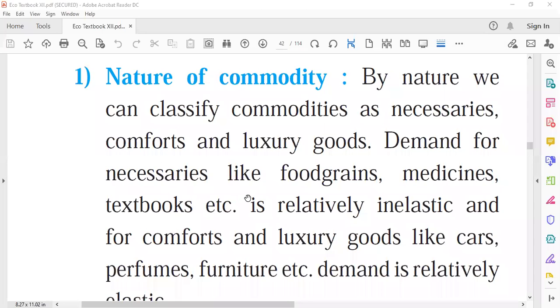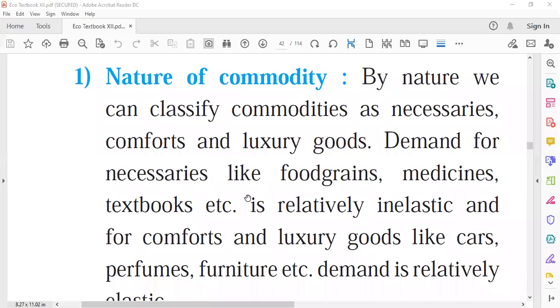So therefore, in case of perishable commodity, the demand will be perfectly inelastic. So in this way, elasticity depends upon the nature of a commodity.